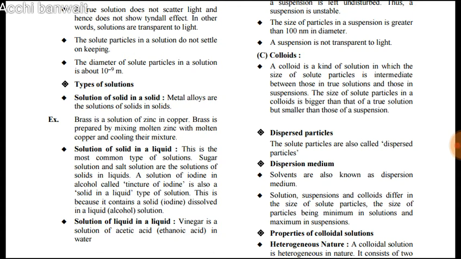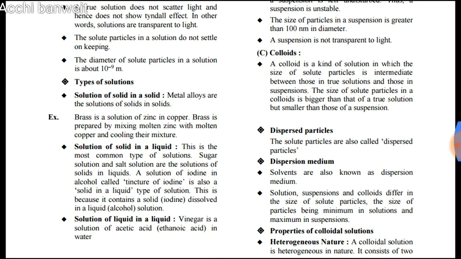Example, brass. Brass is a solution of zinc in copper. Brass is prepared by mixing molten zinc with molten copper and cooling their mixture. So obviously you can see brass is a solution of zinc and copper, so both are solid, that is solution of solid in a solid.